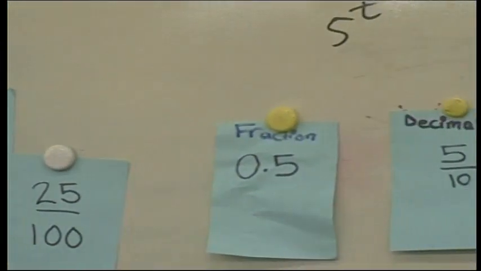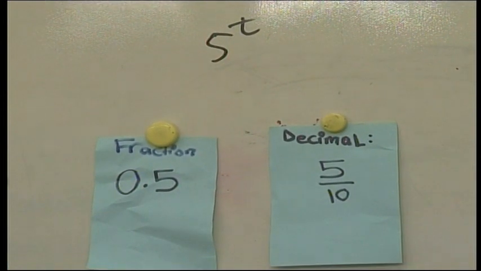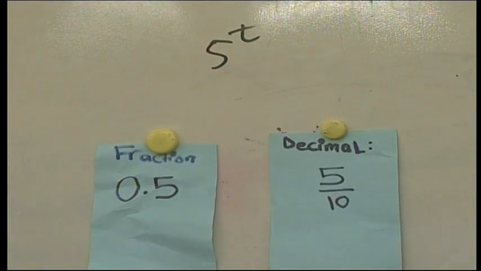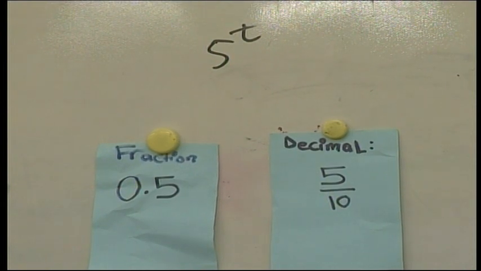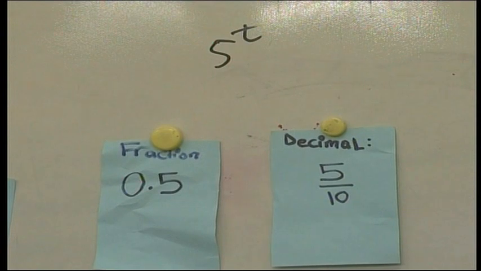5 toya in decimal. Do you think that's correct? 0.5. Some of you are saying 5 whole. 5 toya.